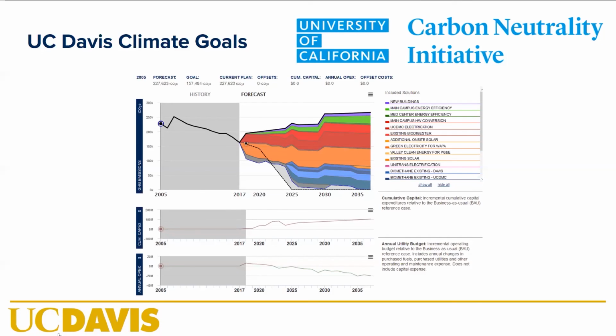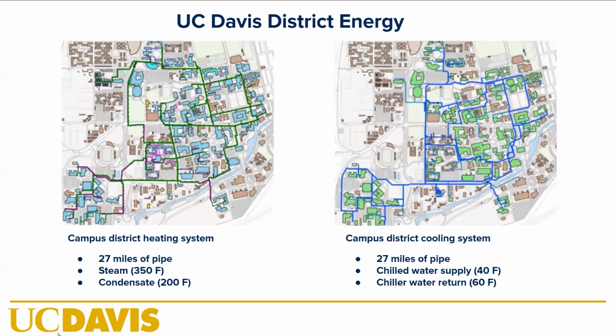With some initial investment over these years, the exciting thing is the operating expenditures actually go down. So carbon neutrality does actually come with savings and ends up being a more sustainable operation, which is one of the reasons it's our goal.